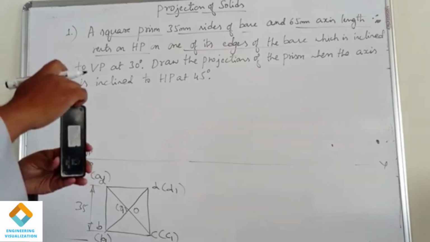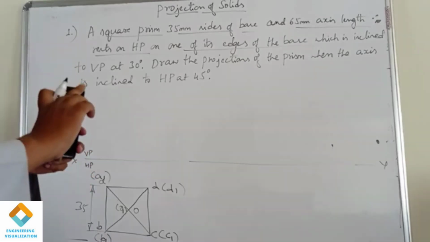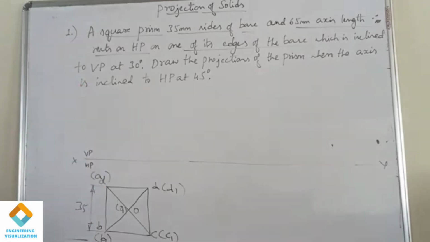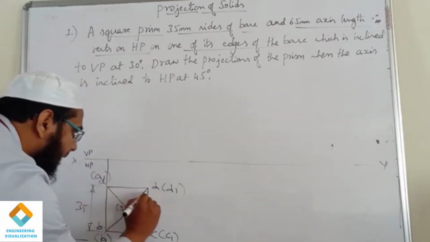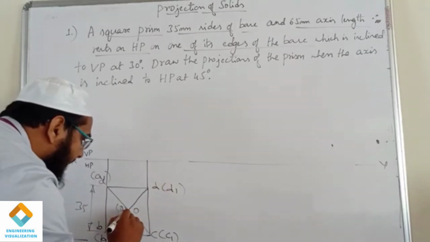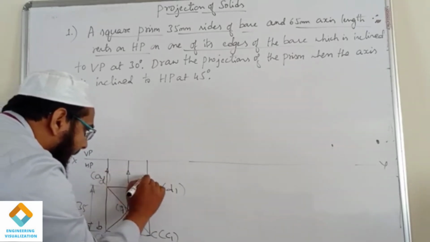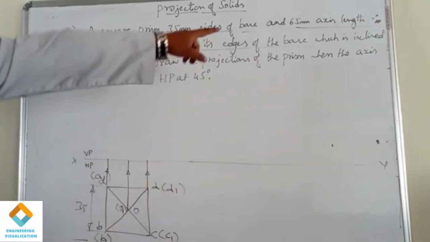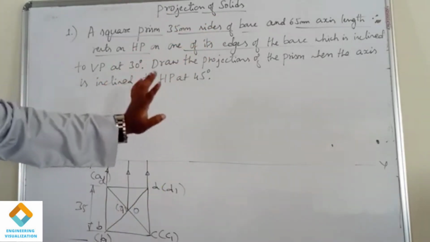So we know the axis connects the top face and the bottom face, which has an axis length of 65. By projecting, these are the projection lines. So using the 65 axis length, I am drawing the front view. We know that the front view is a rectangle here.